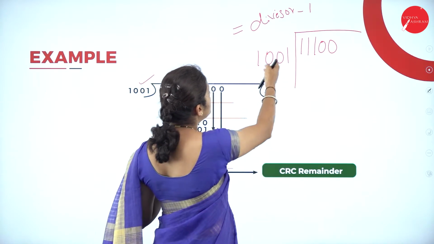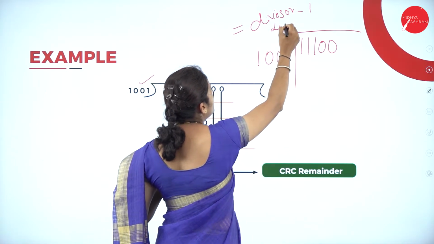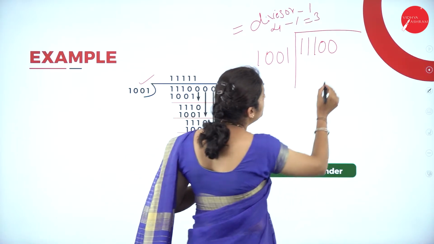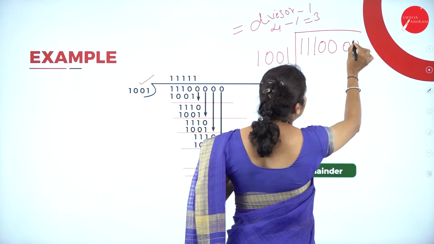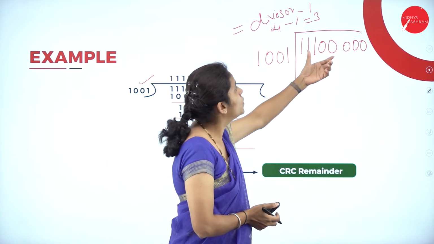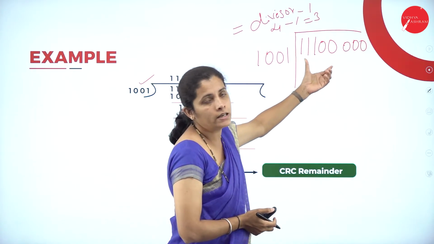The length here is 4, minus 1, it is 3. So I am going to place 3 zeros with my actual data.